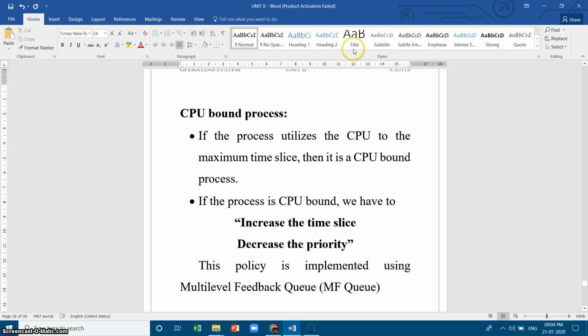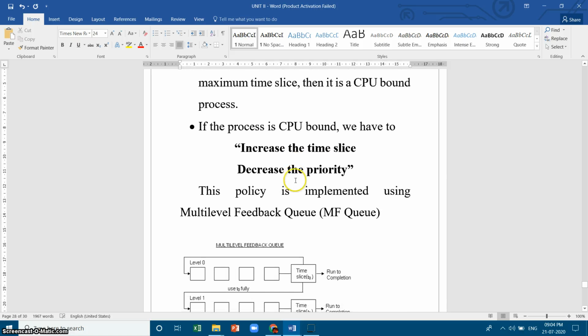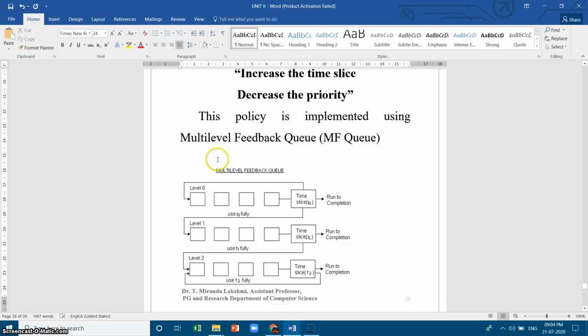This policy, that is your IO bound process and CPU bound process: how can a process be decided, whether it is IO bound or CPU bound, how the time slice will be increased, or how the priority will be increased or decreased? In order to solve this confusion, they are implementing this policy inside a queue called multi-level feedback queue.